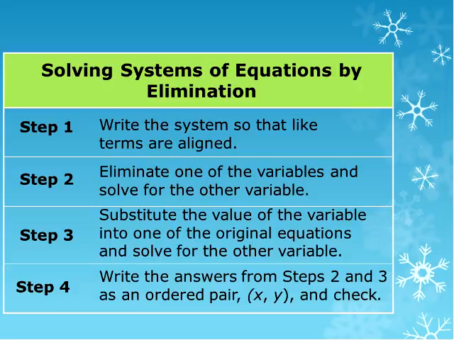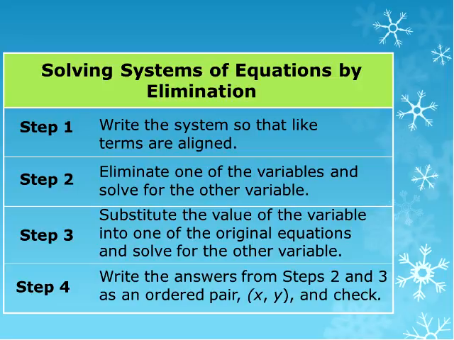The third step after deciding which variable we want to get rid of is to solve for the first variable, and then substitute the value that we got in step 2 back into either of the equations and solve for the last variable that's still missing. Okay.